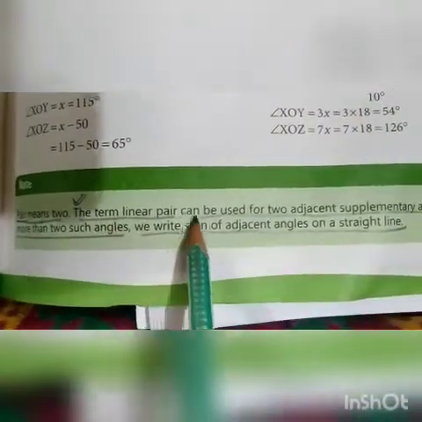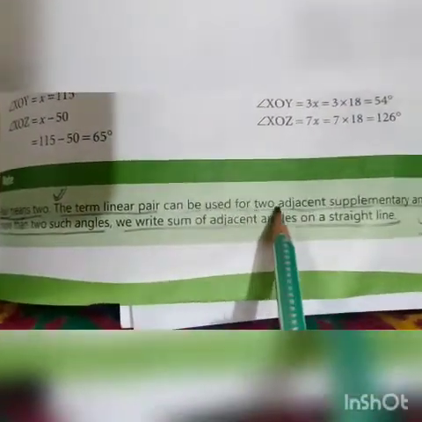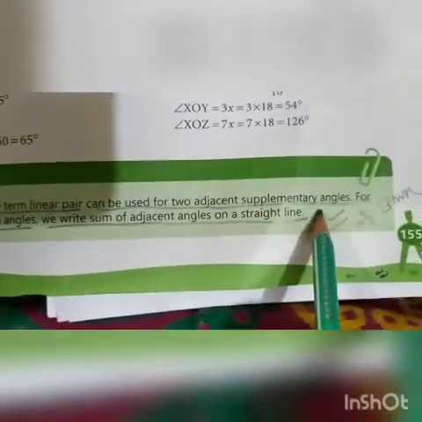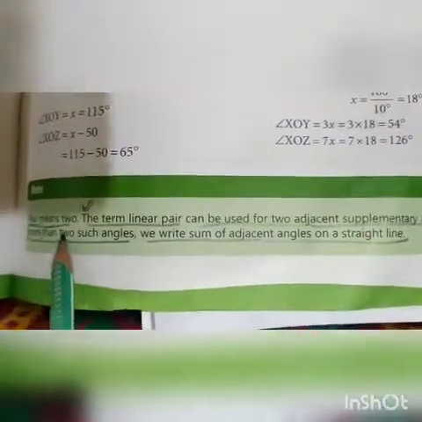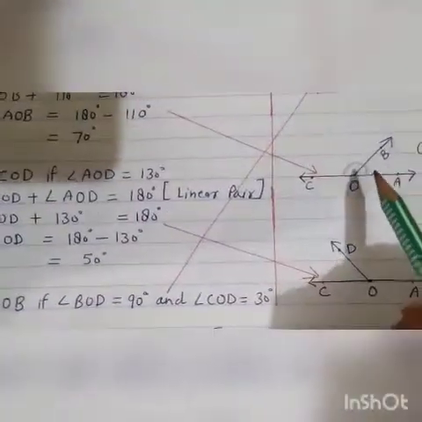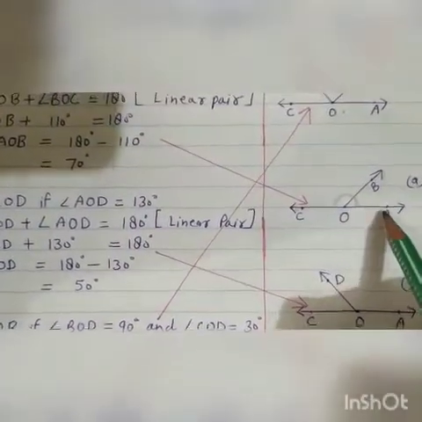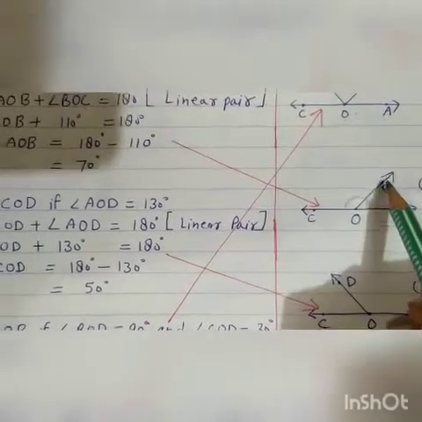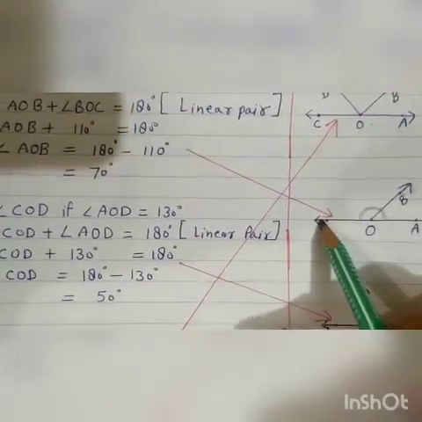The term linear pair can be used for two adjacent supplementary angles. For more than two such angles, we write sum of adjacent angles on a straight line. So pair means two. So here we are taking only two angles, angle AOB plus angle BOC.